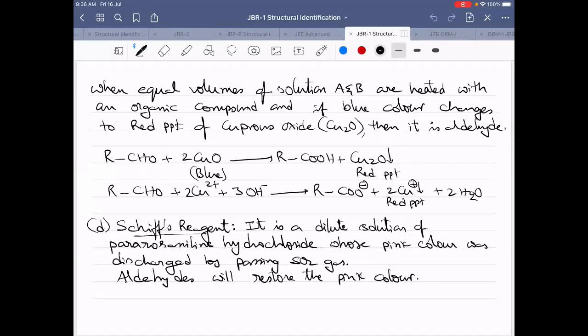Benedict's reagent. Okay. Other students, if any doubt is there.